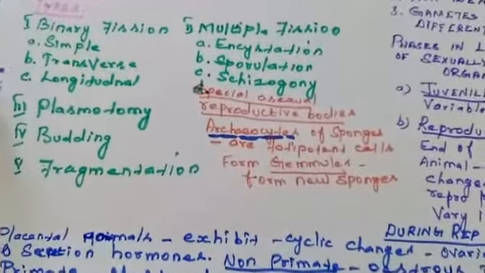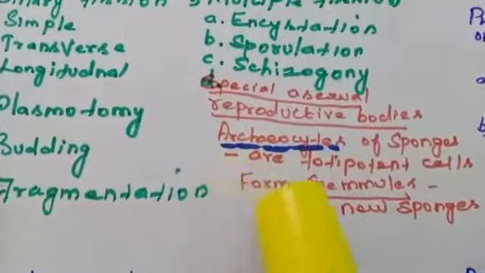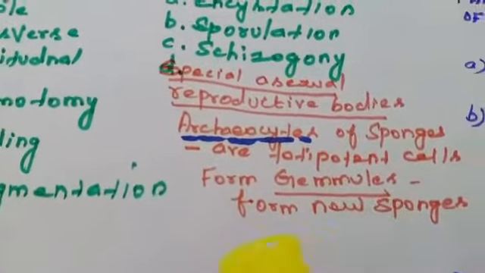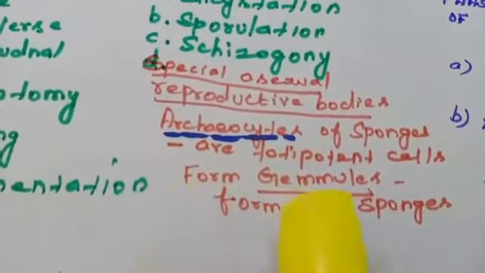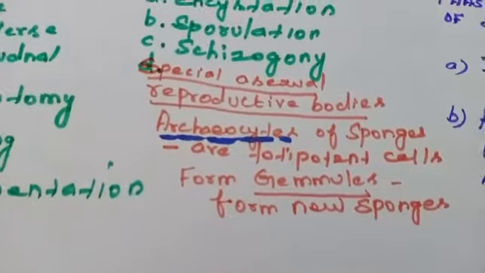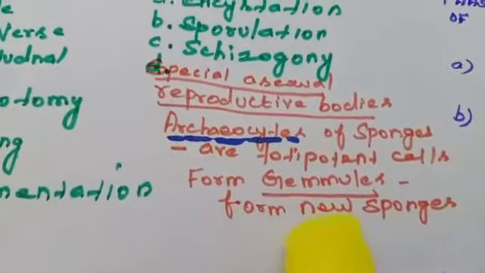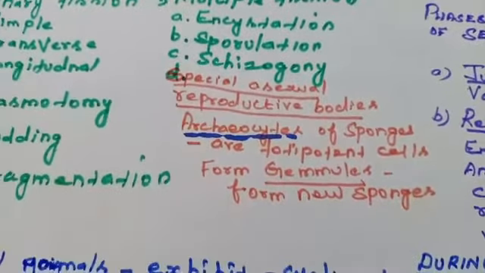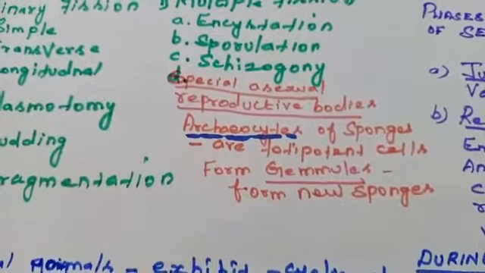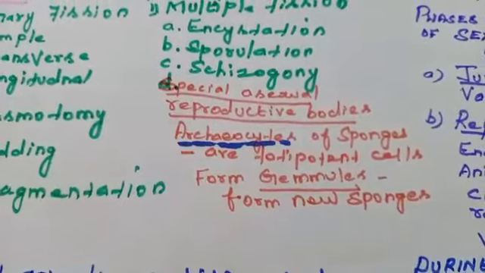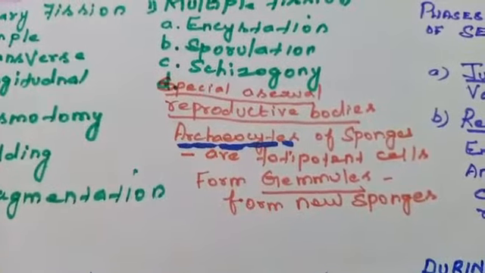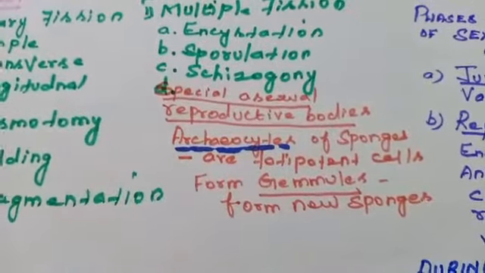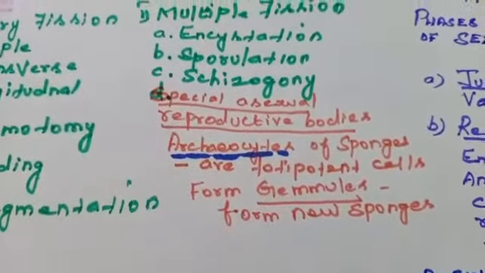So these archaeocytes of sponges are totipotent cells and they form gemmules. Each gemmule forms a new sponge. So what special type of cells is found in sponges? Archaeocytes. Their nature is totipotent. They form gemmules, and from each gemmule new sponges develop.